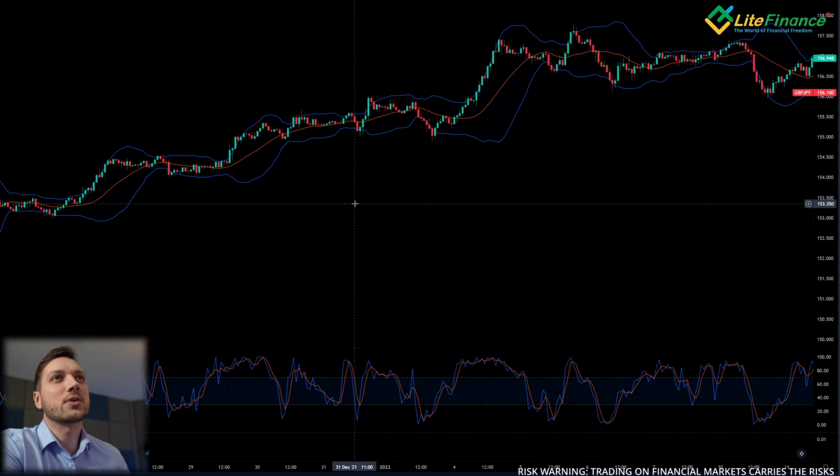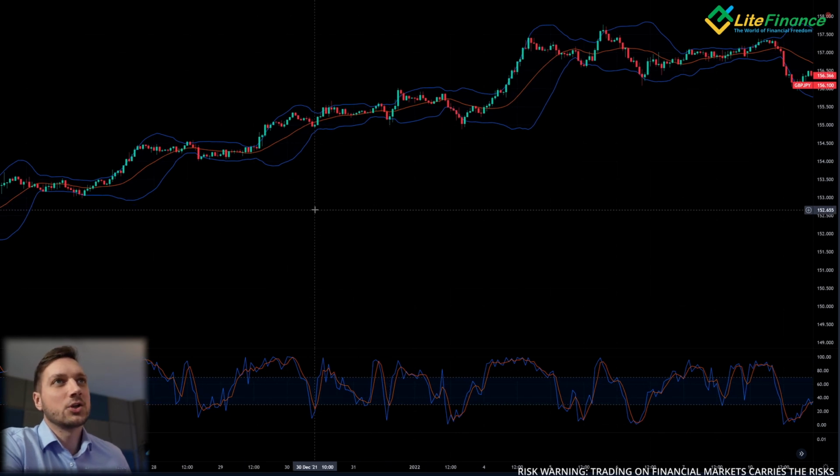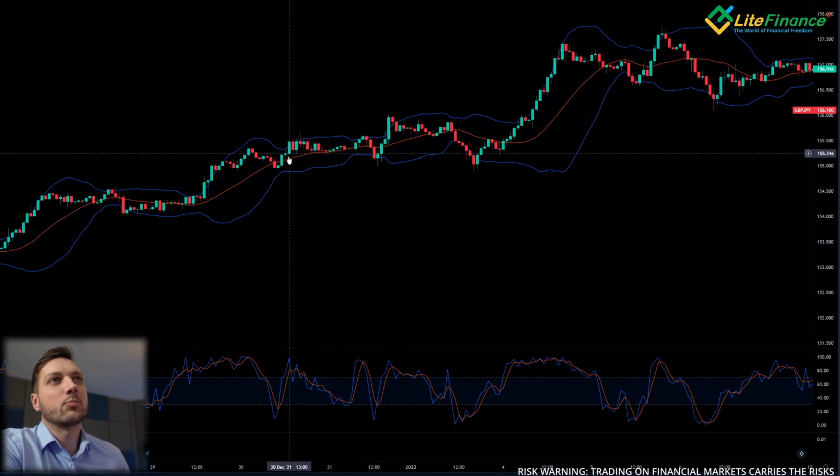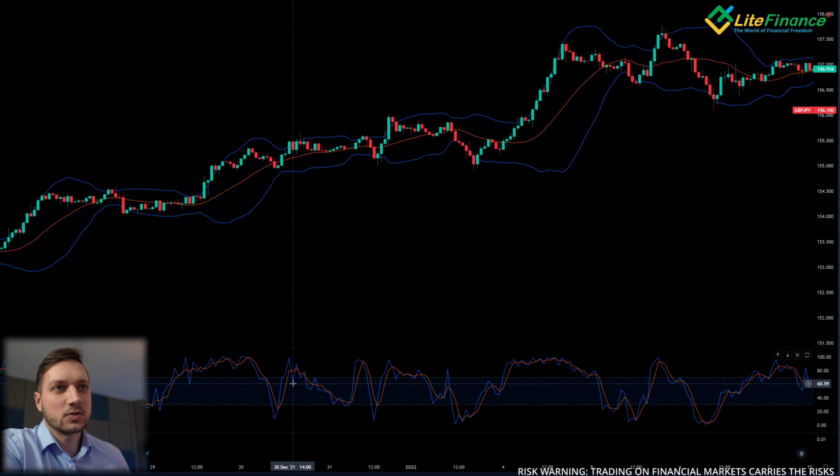We are trying to enter short when the price is at the upper Bollinger Band and the stochastic is giving us the crossover signal in the overbought zone.